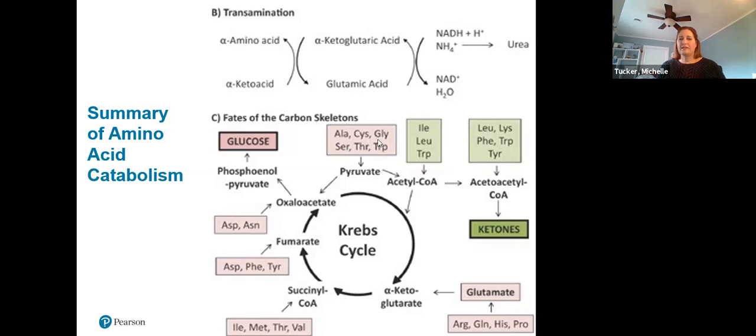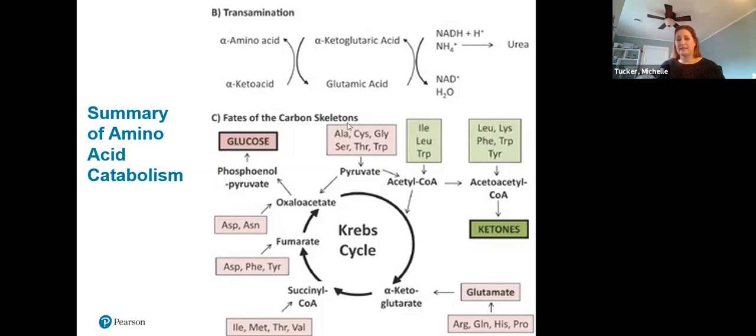Then, depending on what amino acid you start with, it is going to feed into a Krebs cycle intermediate. So you do not need to know which ones feed in at succinyl-CoA or at fumarate or at oxaloacetate. You do need to know that we start off with an amino acid. It is going to lose its amino group to glutamic acid.